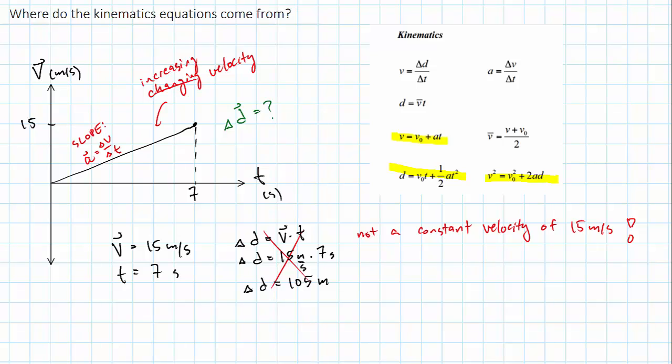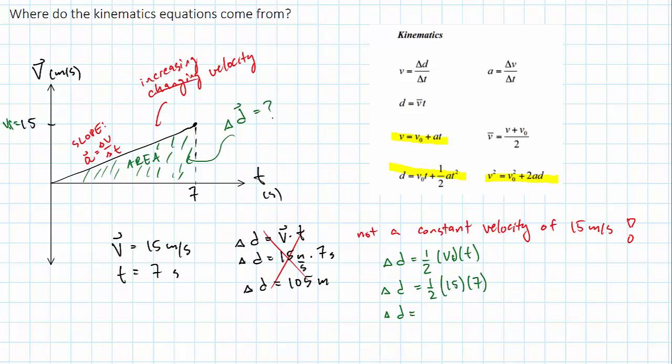So, if that's true, what is the position? It turns out position is actually the area under the curve. Now, because it's a triangle, we can just take half of that 105 that we got before and realize that the displacement of our object would be 52.5 meters.